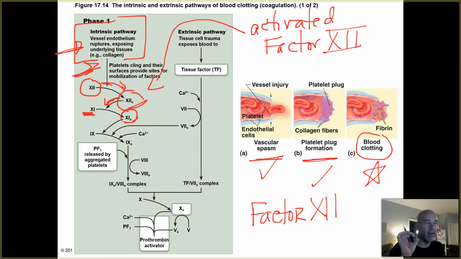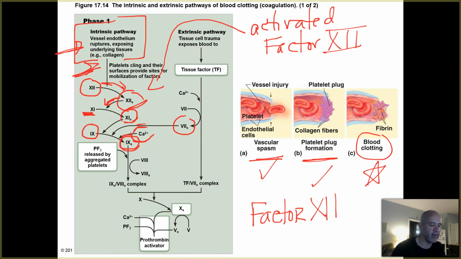All right, and then once you have activated factor 11, that functions as an enzyme, and it takes factor 9, which is always circulating around in your blood in an inactive form, and combines it with calcium ions that you see over here, and also uses another activated factor, factor 7, that you see over there, brings all of those things together, and that helps form activated factor 9.